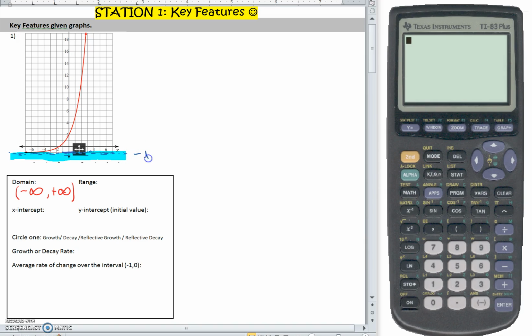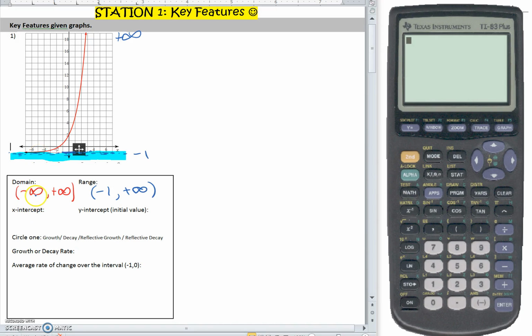So I know at -1, that's going to be the smallest output value my graph will have, and it's going to go up to positive infinity. So in function notation, we're going to say -1 is the smallest value, all the way up to positive infinity. Now we're not including -1 because this is where the asymptote is. The graph approaches this but never actually reaches -1.